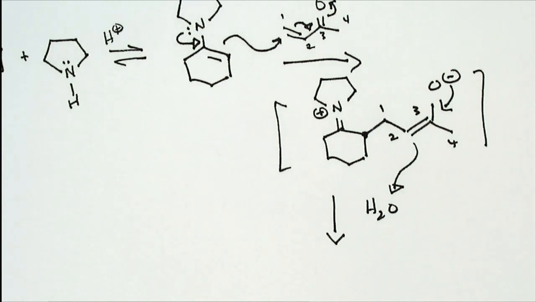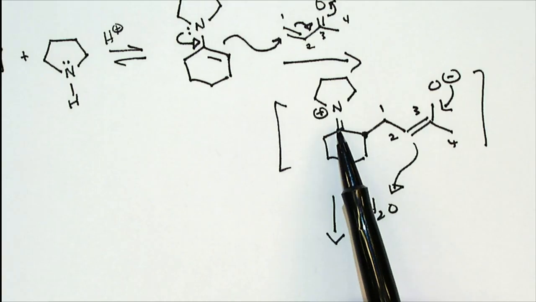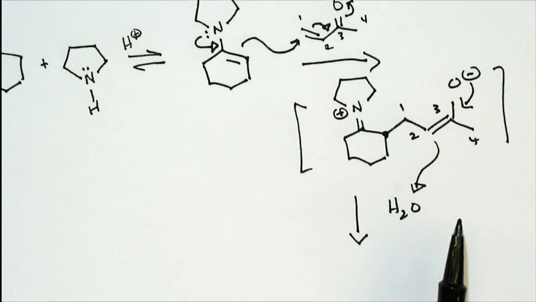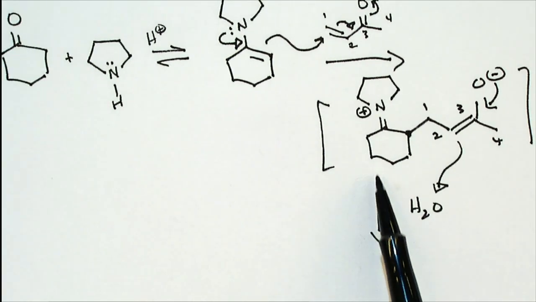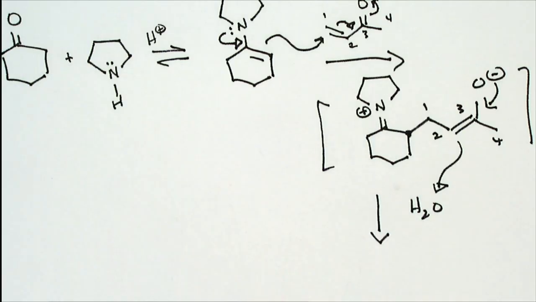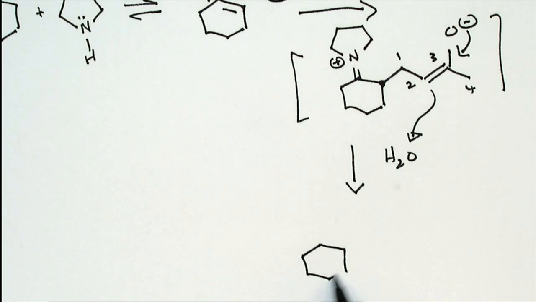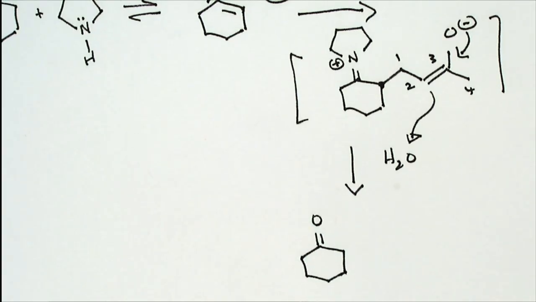But it turns out this is like the hydrolysis of an imine, and when I hydrolyze the imine, I'm going to get the carbonyl here, the original molecule. So here is the product that I get. Under those conditions, the imine is hydrolyzed and I get that.